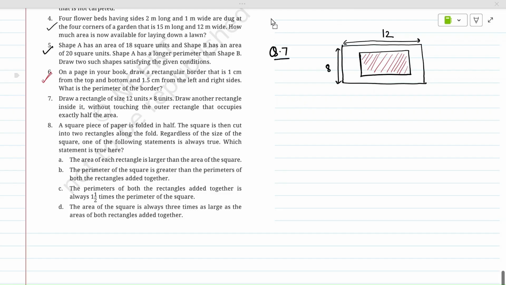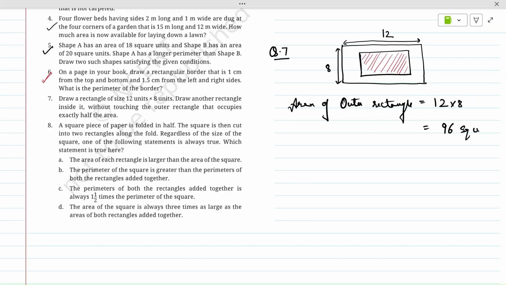First of all, let us find out the area of the outer rectangle. Area of outer rectangle is 12 into 8, that is 96 square units.